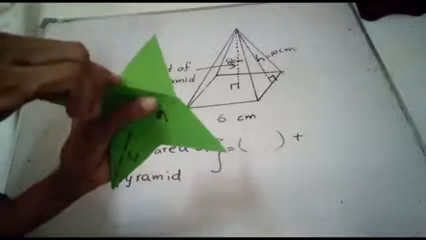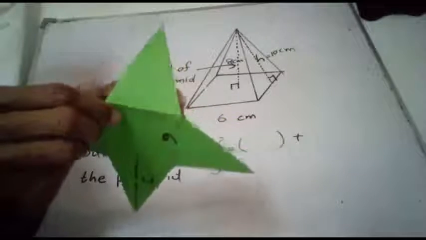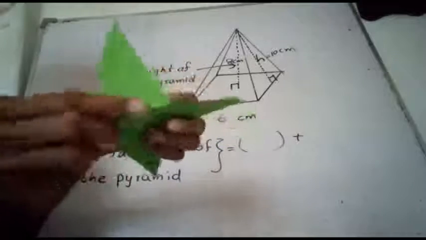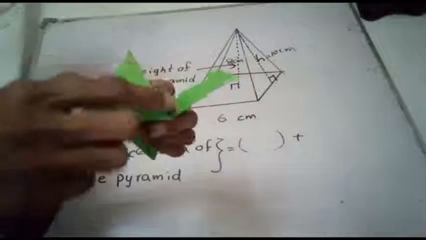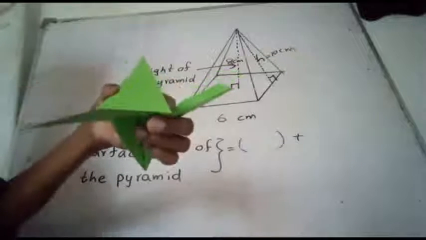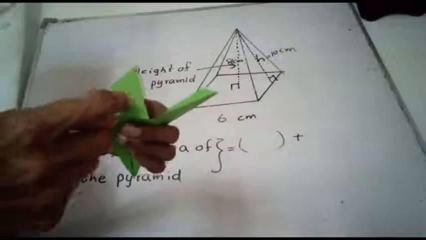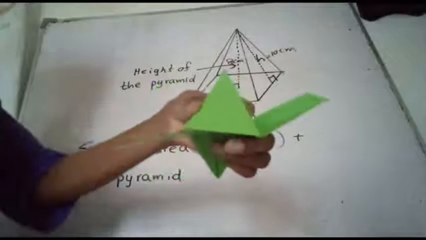These 2 sides are equal in length. Sometimes all these 3 sides are equal in length. These 2 angles are equal in magnitude.